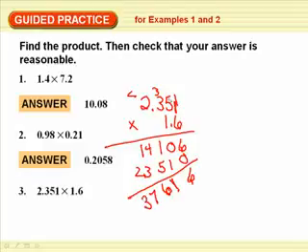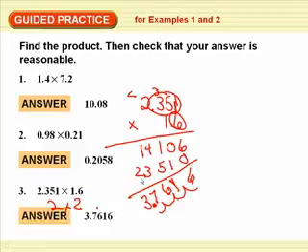And there's 3 place values there, 1 there for a total of 4. 1, 2, 3, 4. 3.7616. So let's check it. That rounds to 2. That rounds to almost 2, 4, and that's close enough to 4.